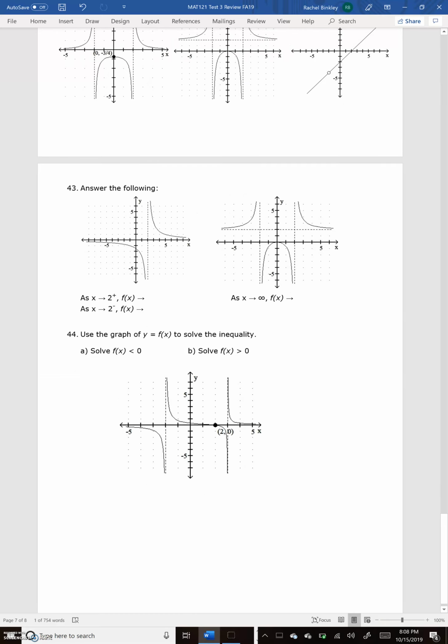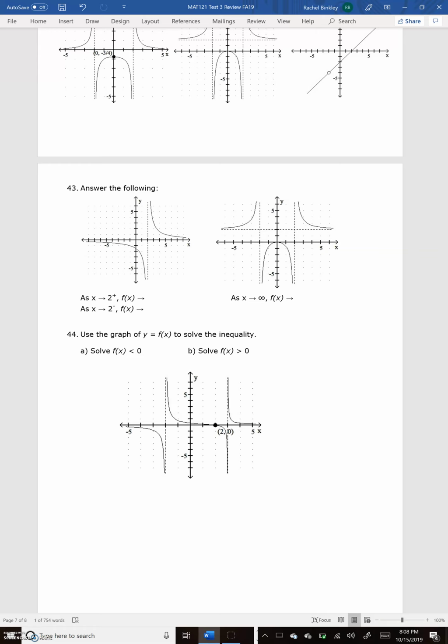Answer the following questions. Okay, there is a question about this. I wish I had my highlighter here, but here's how you read this.